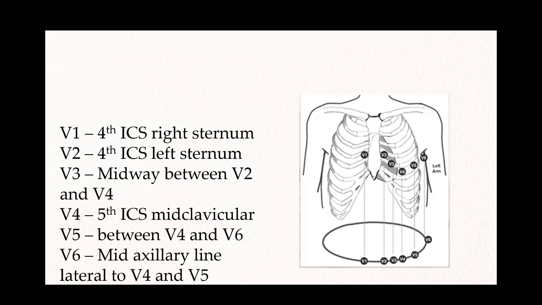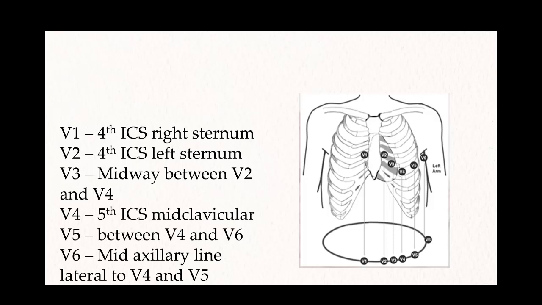The next lead that you want to place is V4. V4 is at the 5th intercostal space, mid-clavicular line. So basically, immediately below the patient's nipple on that left side.